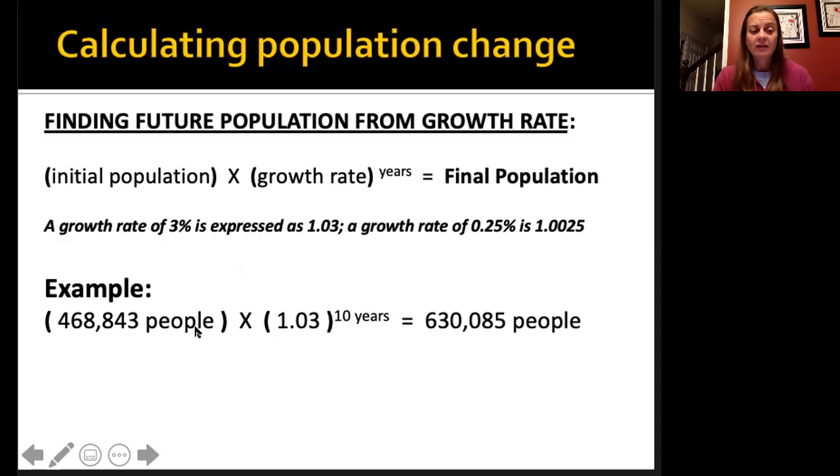That means after 10 years, our 468,843 people are now going to be 630,085 people. So that is a calculation that you may be asked to do in class. It is not a calculation that you'll be asked to do in this particular form on the exam because we don't have calculators.